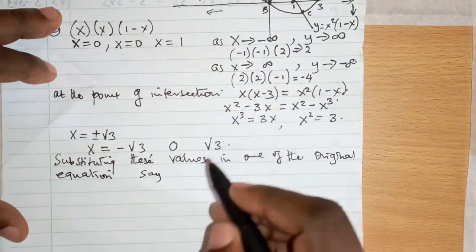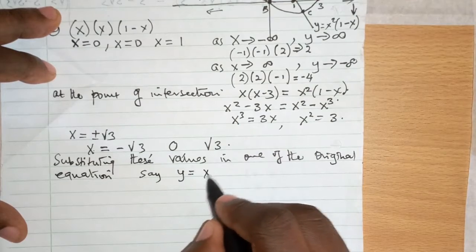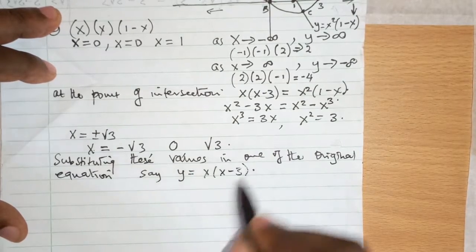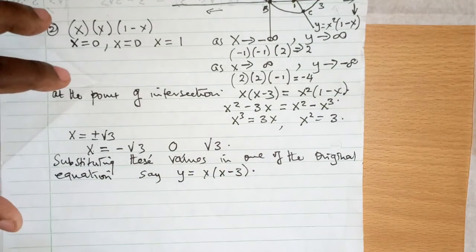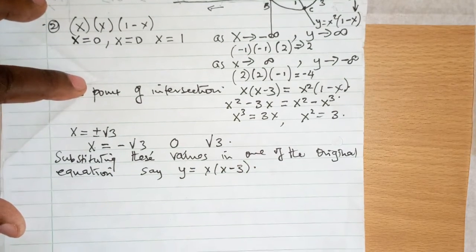Let's say we have y is equal to x minus 3. We should get the corresponding values of y when we substitute.